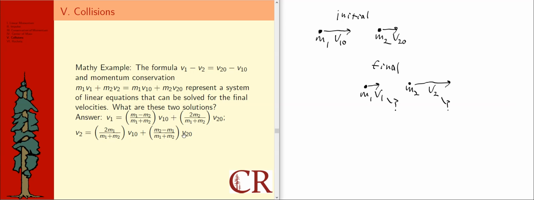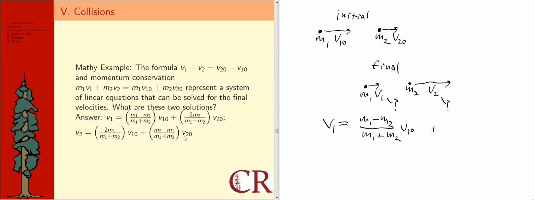However, these two formulas are very handy. We're going to use them in some examples. So maybe I should write them down here real quick. We have V1 is equal to M1 minus M2 over M1 plus M2 times V1 naught, plus 2 M2 over M1 plus M2 times V2 naught. I'd say if you're getting bored, you can skip to the next video, because I'm just going to be writing these formulas here and probably not saying much else. If you don't want to watch me write formulas, just go on. They'll already be written.